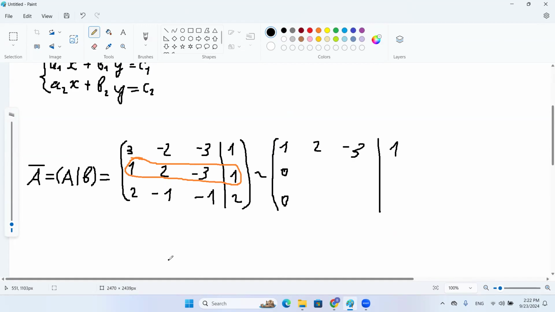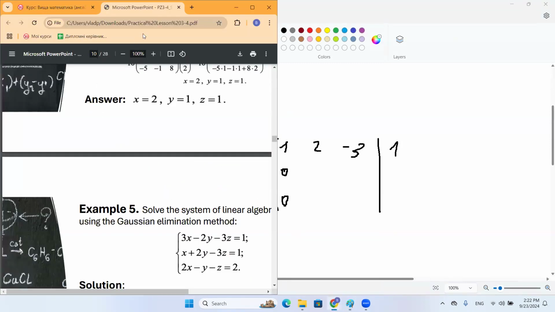By the way, if we change the equations sequence in the system, if we just swap this and this, for example, nothing changes. Agree? So actually the same is here with the matrix. We do the same operation.